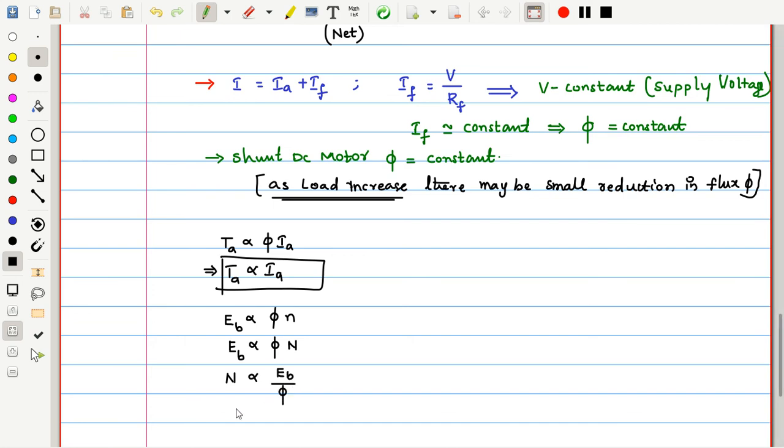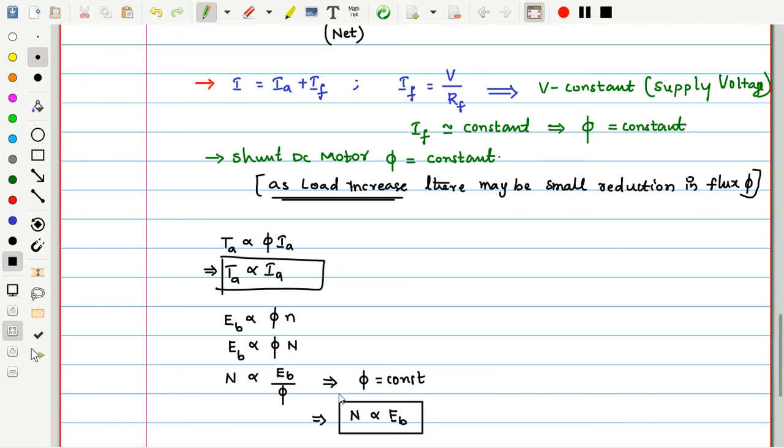If phi is constant for a shunt machine, which in all practical applications may be assumed constant and is a good approximation for analysis, can we say that N is proportional to Eb? N is proportional to Eb.